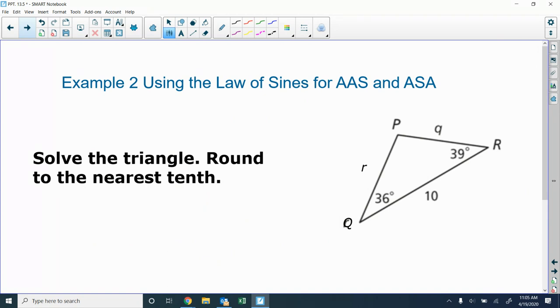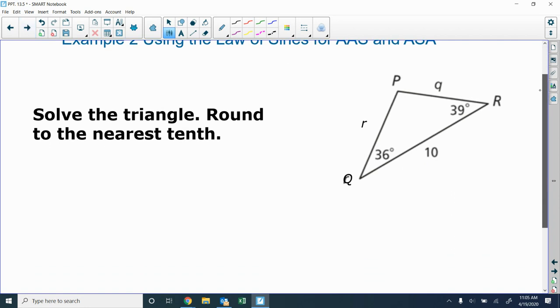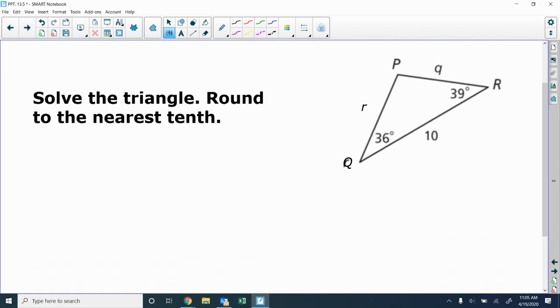Let's try one more and see how we can do here. All right, again, some of the interior angles of the triangle. We have 36. We have 39.